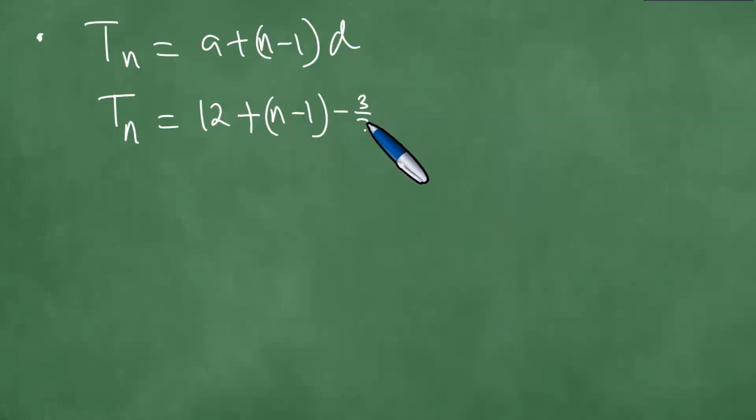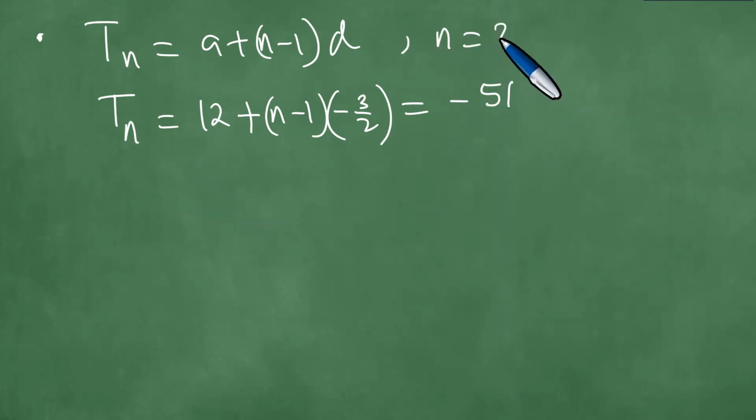The common difference is minus 3 over 2. And which term is minus 51? So the term is minus 51. Ideally, which term means that we are looking for n. So n equals a question mark.